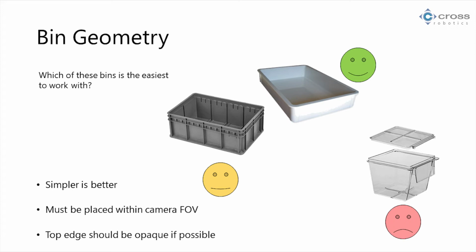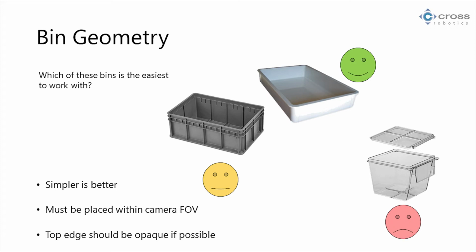You also have very predictable robot paths, right? And straight sides mean the shape of all your parts as they sit in the bin is also pretty predictable, right? You guys were right, this is number 2. It's not so bad because it's still got straight sides, but it's got all these little crevices in here that can present problems later on.